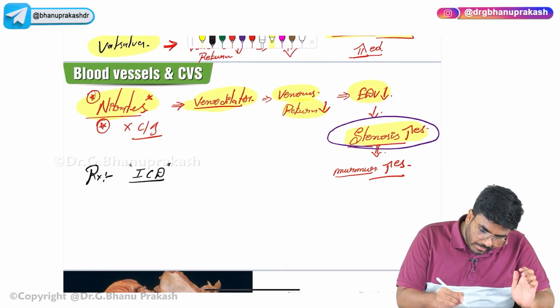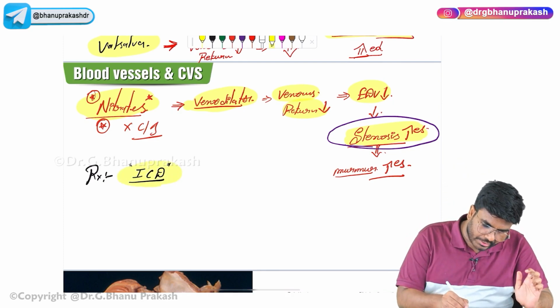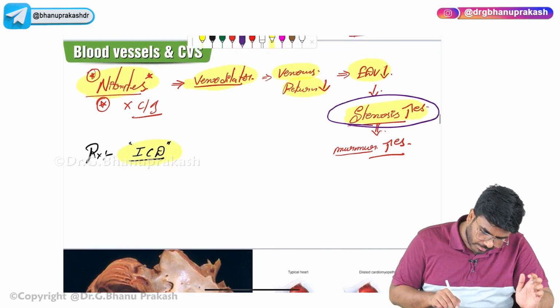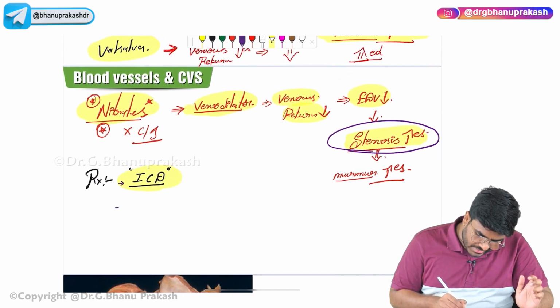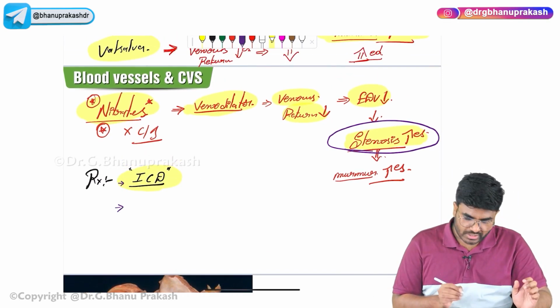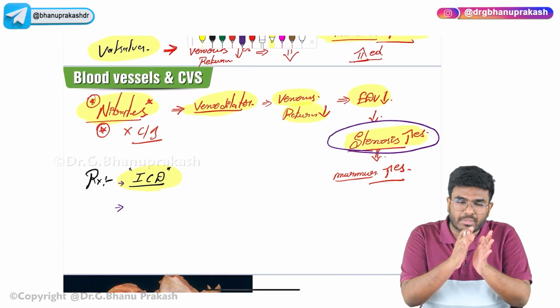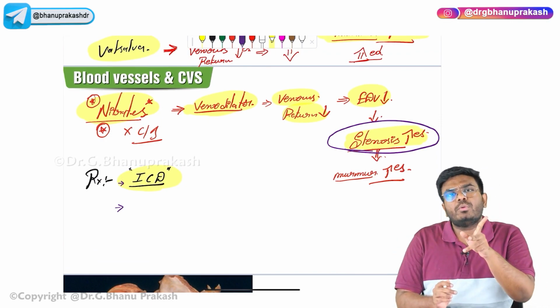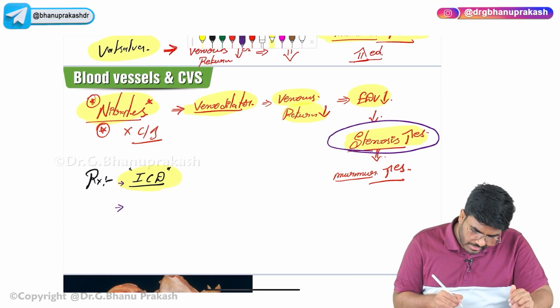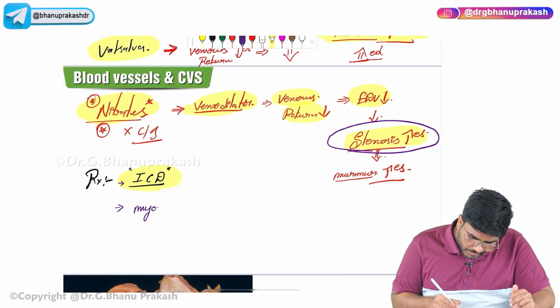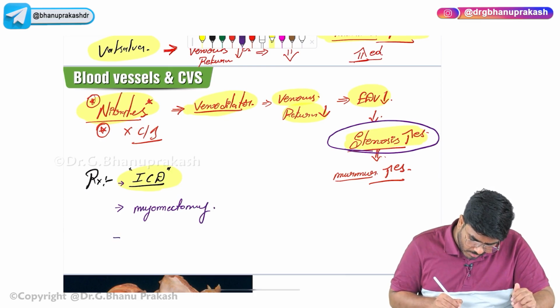So these implantable cardioverter defibrillators are used in the treatment of hypertrophic obstructive cardiomyopathy. The main problem in HOCM is the asymmetrical septal hypertrophy. The septum is becoming bulkier, right? So you need to remove that septum. That is called myomectomy, a surgical process.